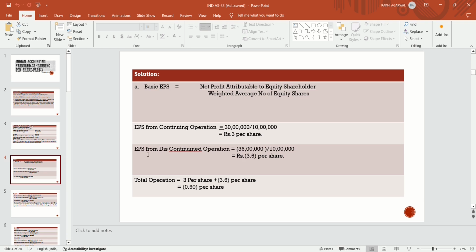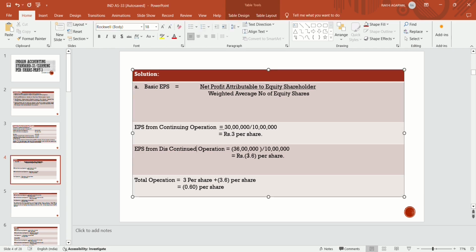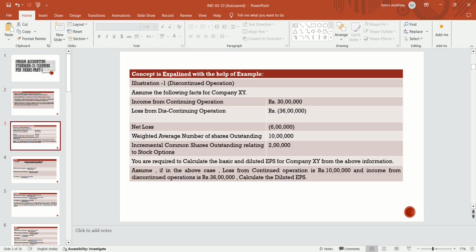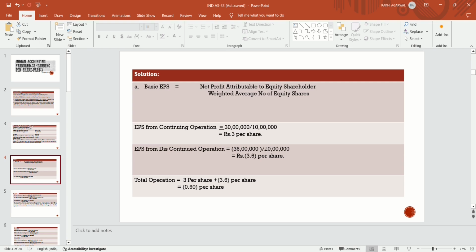And also basic EPS from discontinued operation. So there is a loss from discontinuing operation in part A, so there is 36 lakhs loss divided by weighted average number of shares, that is 10 lakhs.